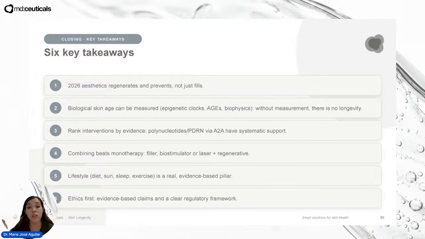What you need to do is make a combination between these and also the lifestyle that can help you with this combination of treatments. If you don't have maybe the possibility, because of your practice, to do a little bit of everything, try to make the combination between regenerative treatments, longevity treatments, and the lifestyle.